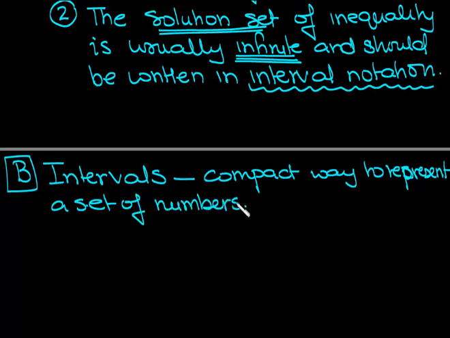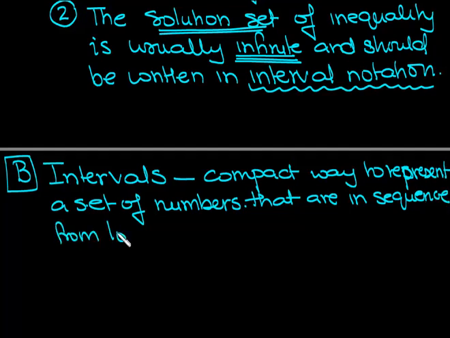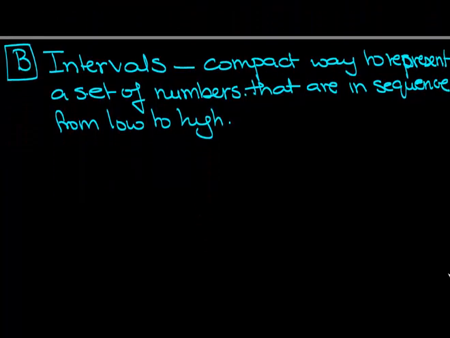A set is just a collection of numbers, so an interval is a compact way to represent a set of numbers that are in sequence, from low to high, from small to large, however you want to call it. So let's take a look at some examples.